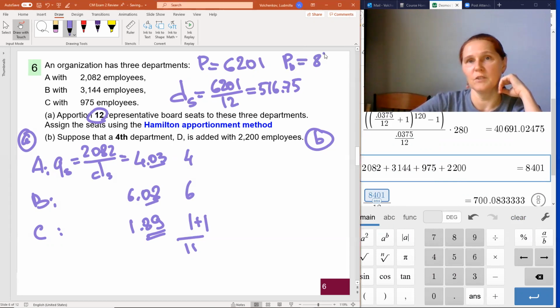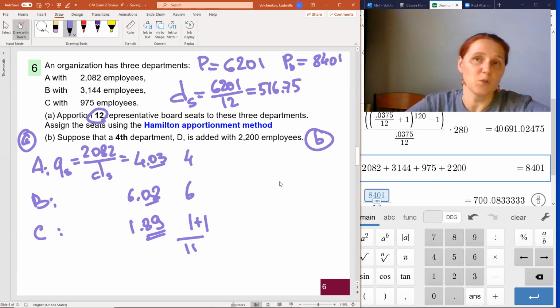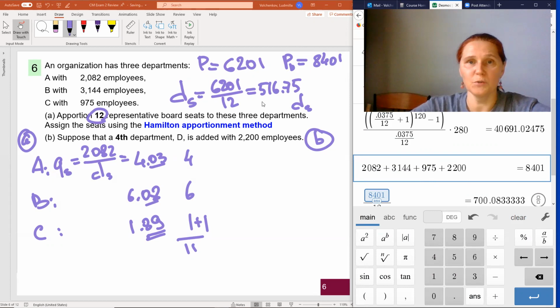It will be 8401. Then we do the same steps, but with new numbers. So we find the standard divisor, dividing the total population by the new number of representatives to apportion.